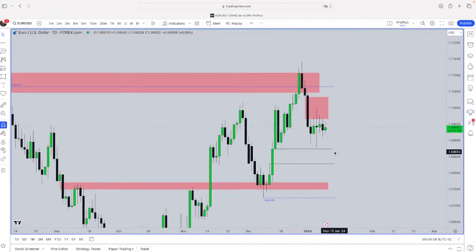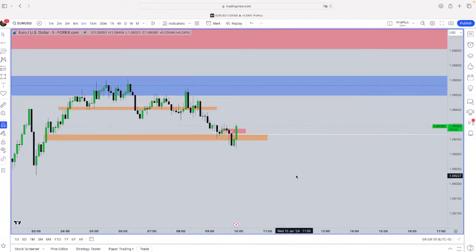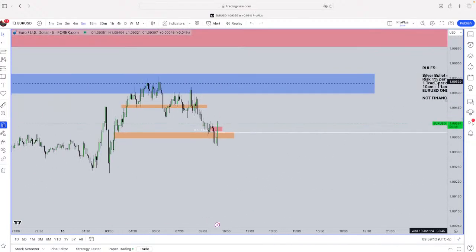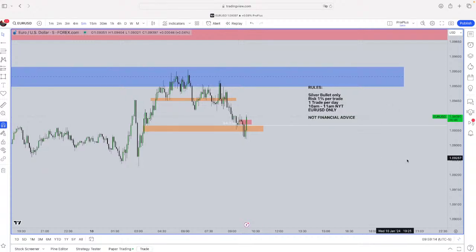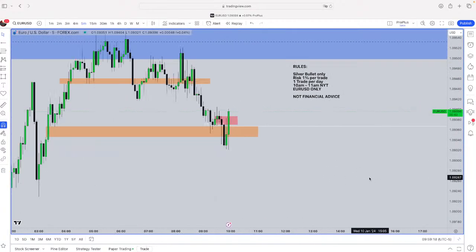But yeah, for the past 5 to 6 days, EU's been going sideways. And for this challenge, the silver bullet challenge, we just want to trade euro. So we've got 40 seconds left.